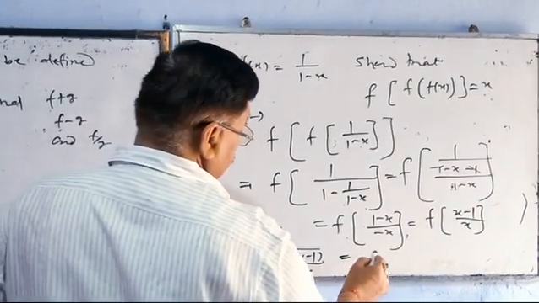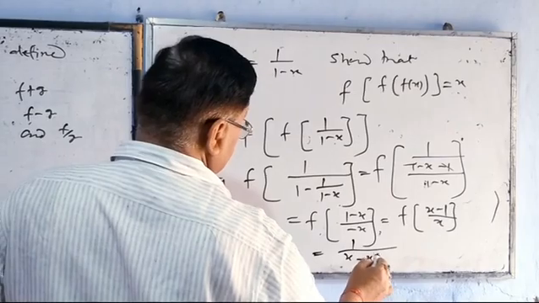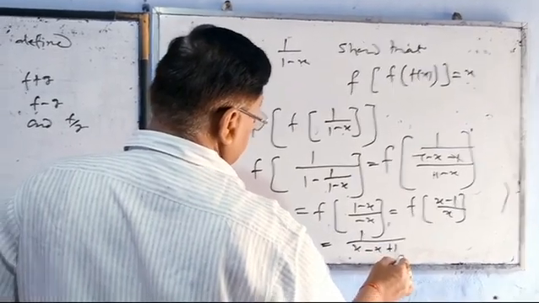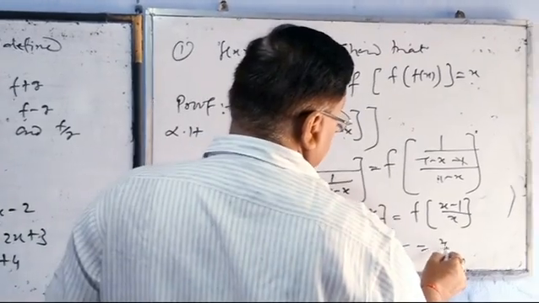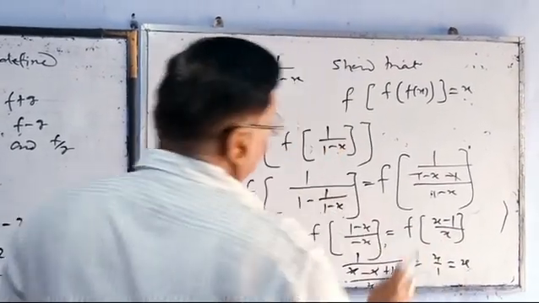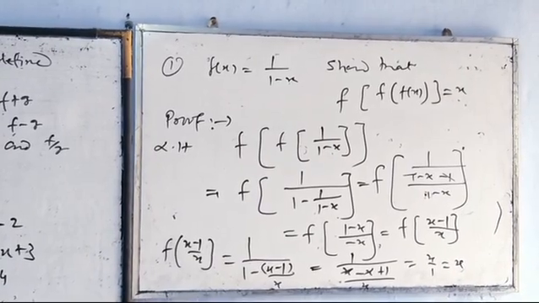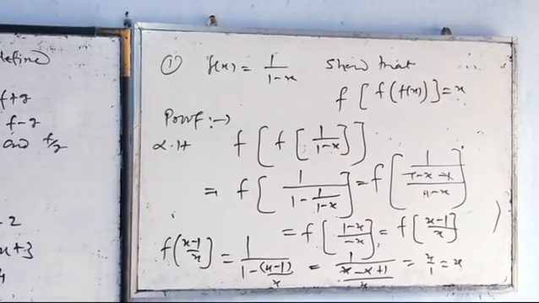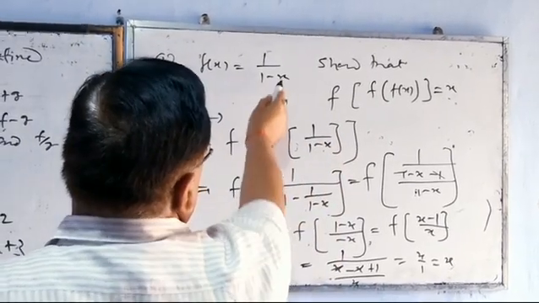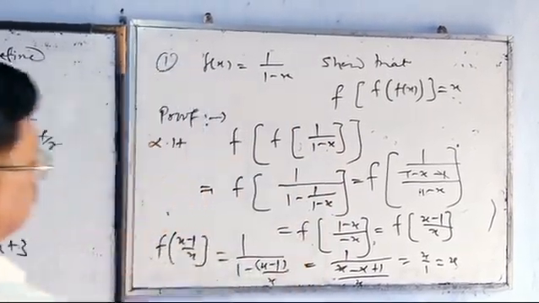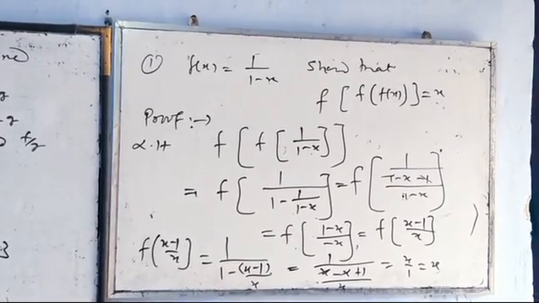So 1 by x minus x plus 1 by x, x cancels. So x by 1, that is x. This is the proof of this question. So this is the pattern. Here we will always see that this is the value of x, so at the place of x, 1 by 1 minus x. In this way, you have to solve the questions.